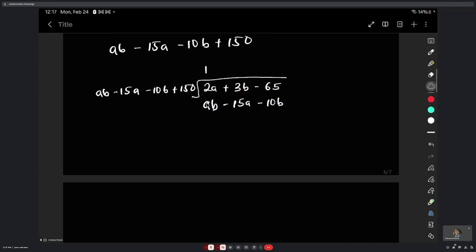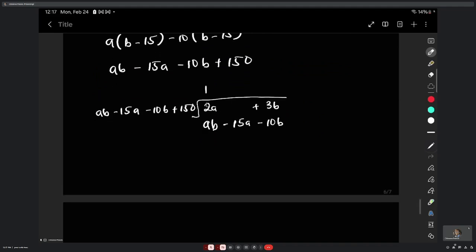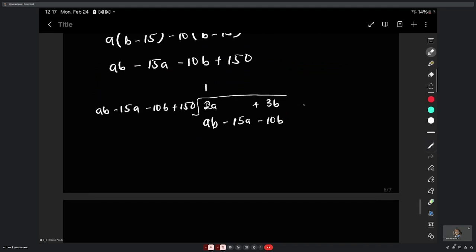I think the thing should come to the left more, so that A can be under it. But it's 2a plus 3b, plus what was that? Minus 10b. Sorry, minus 65. Right?